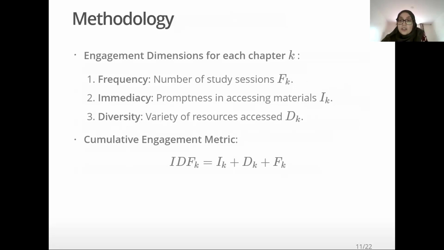Of course, each variable can be weighted to reflect its relative importance and provide a more flexible measure of behavioral engagement across the course, but this is not the scope of the work right now. We define this measure across each chapter of a course to be able to evaluate engagement per chapter.